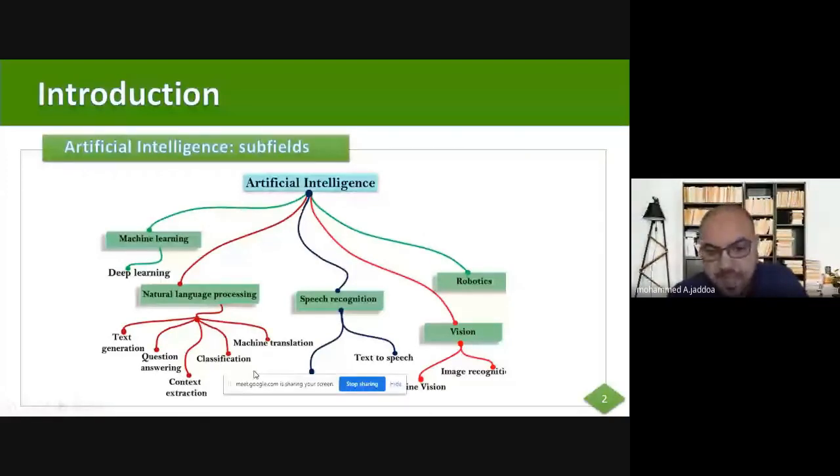Another field is speech recognition. They use text to speech and speech to text. As an example, Amazon uses Alexa, using machine learning and AI to translate and make the device mimic a human for speech.